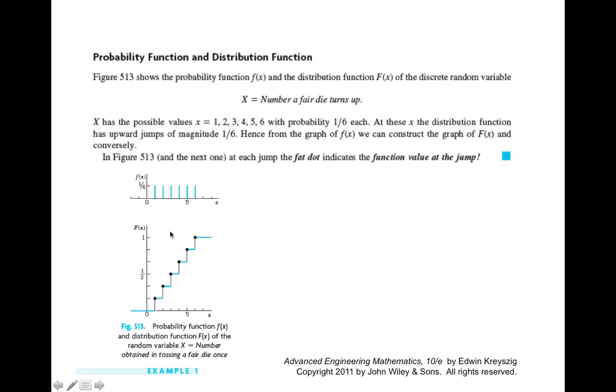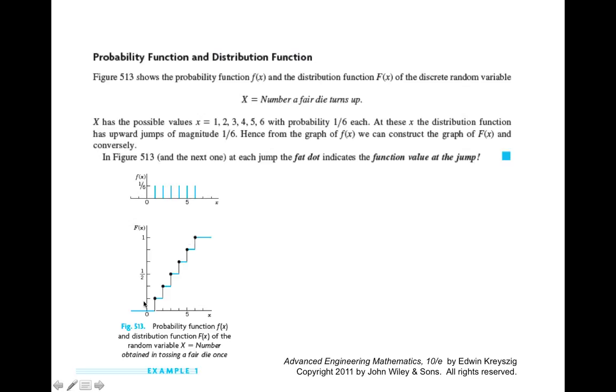So here's an example of the number of times a fair die turns up. We're going to let x be 1 through 6. Each one of those has a probability of 1/6. If we plot f of x, which is the probability at a given value, then from 1 to 6 we have 1/6 occurring 6 times.